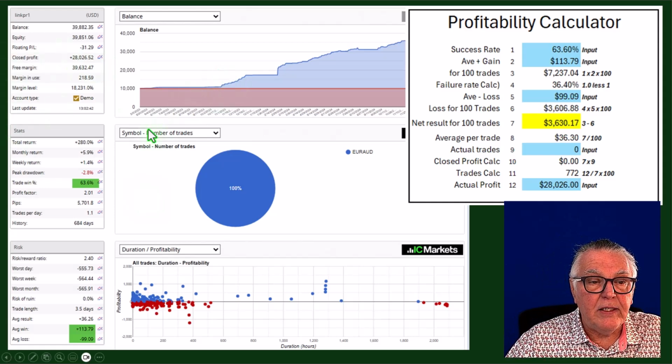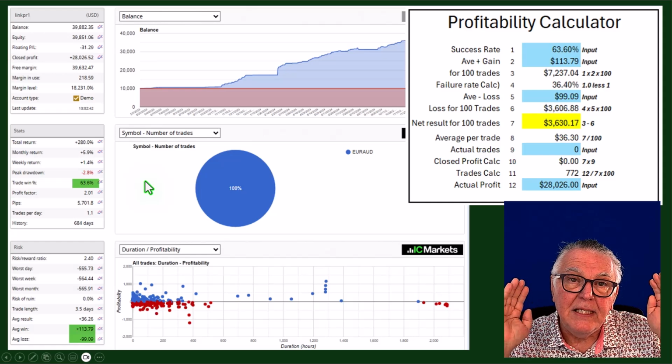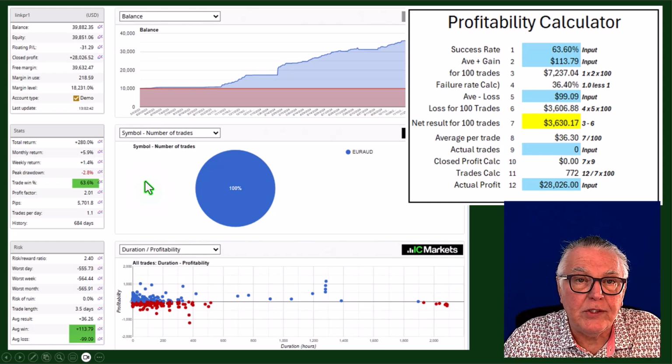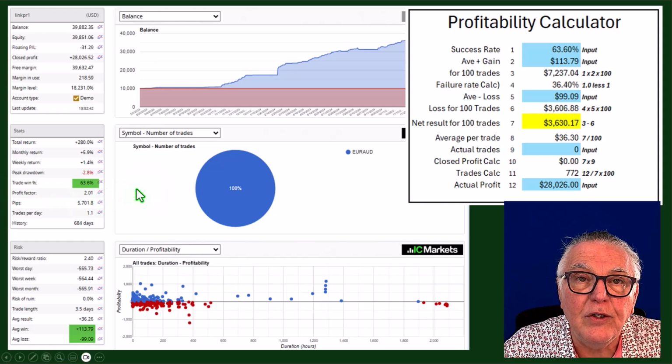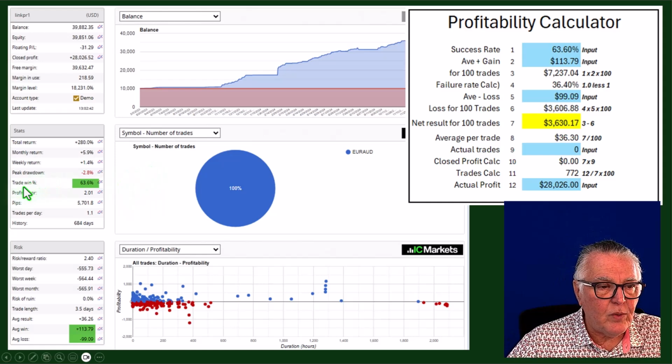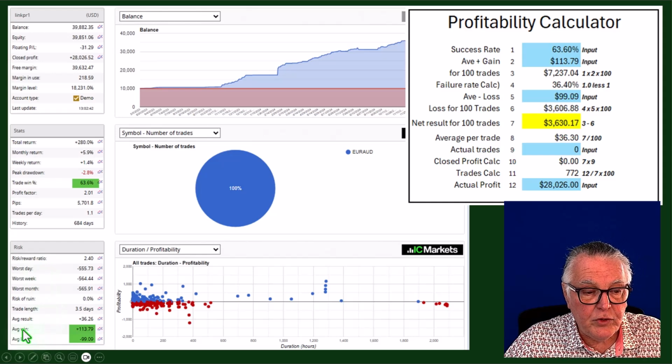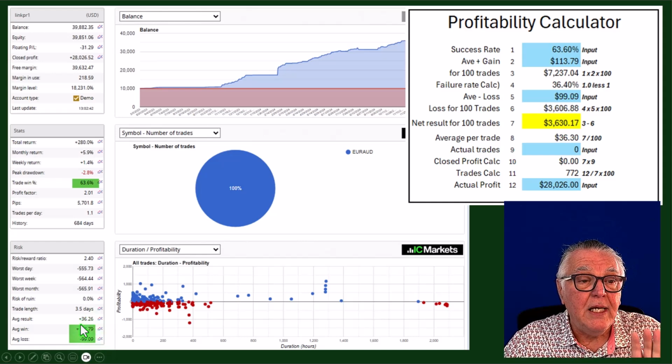But FX Blue analyzes accounts, and that's why we use it, and it analyzes those statistics that we need. So it tells you what your trade win rate is, it tells you what your average win is, and what your average loss is. So it tells you a lot of the components that we use.